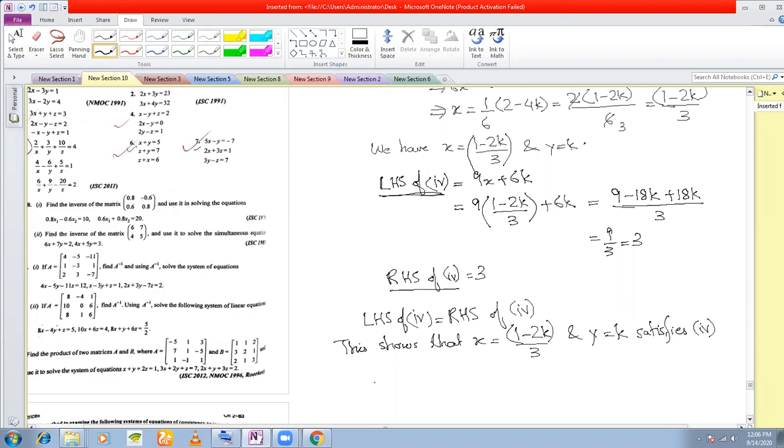Therefore, what is the solution? What is the solution of this equation? Therefore, the solution of this equation is x is equal to 1 minus 2k by 3 and y is equal to k.